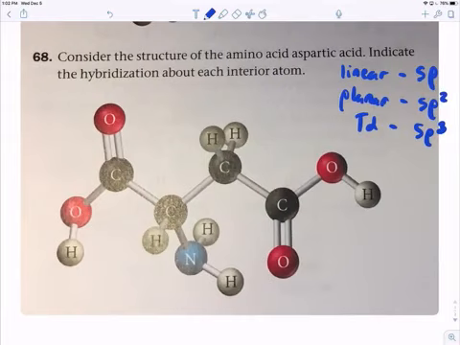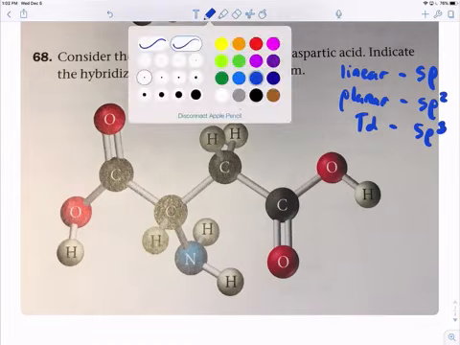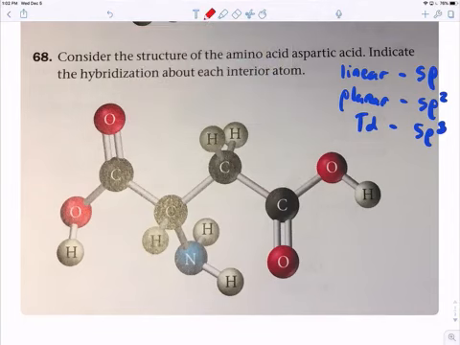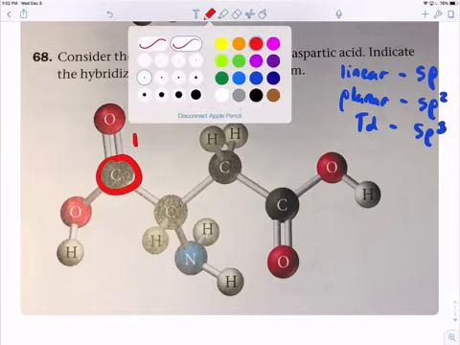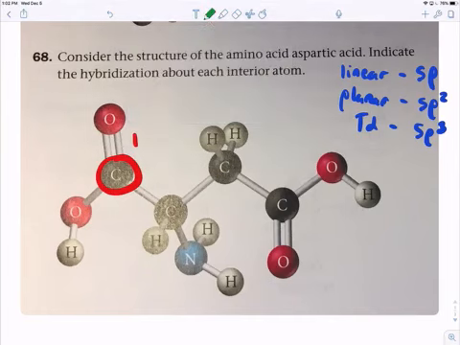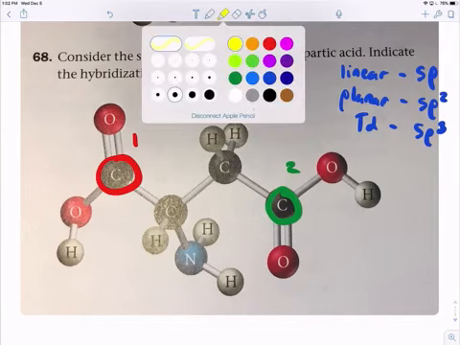Why don't you tell me for this one, it's Christmas coming up, so I'll go ahead and do red and green.